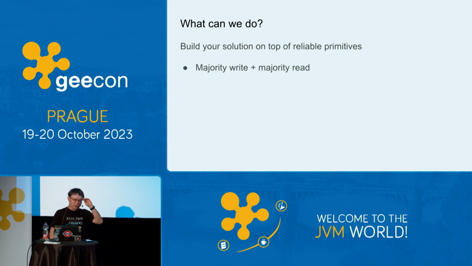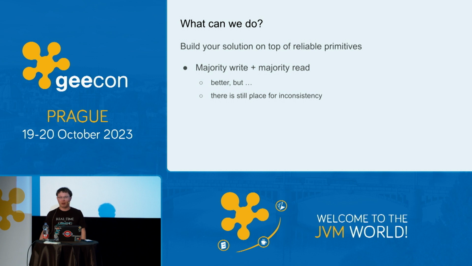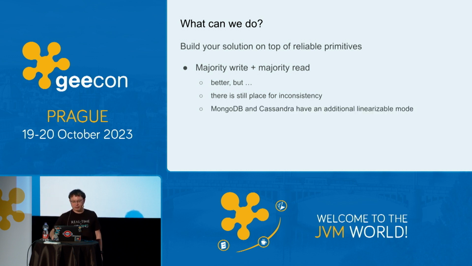What can we use to increase reliability? We can use majority write plus majority read. This approach is widely used, but we can do better, because it could also be a source of inconsistency. That's why MongoDB and Cassandra, in addition to majority write and majority read operations, have the so-called linearizable mode.